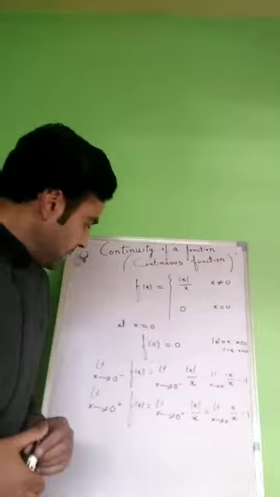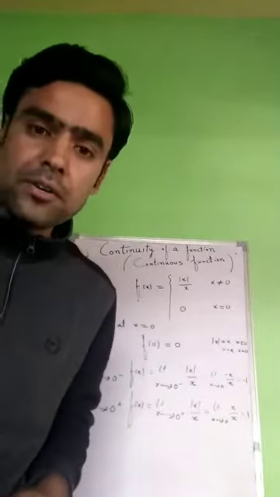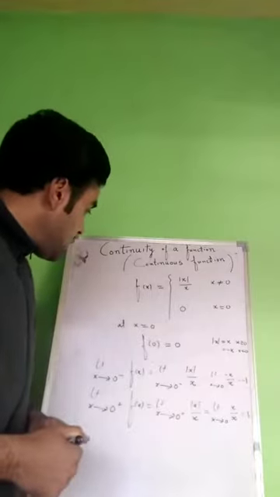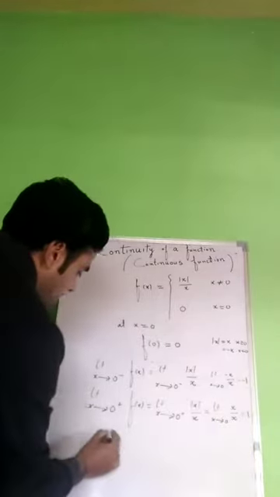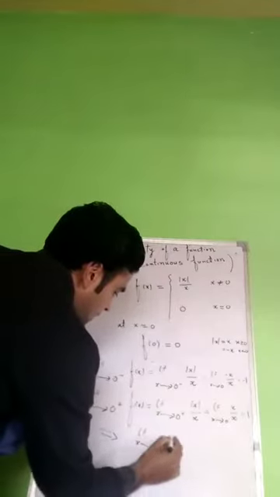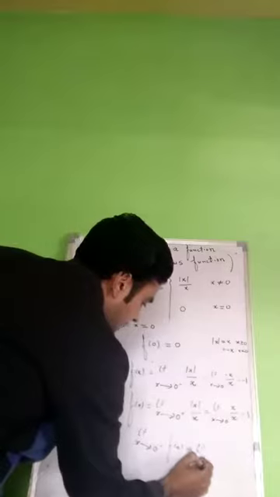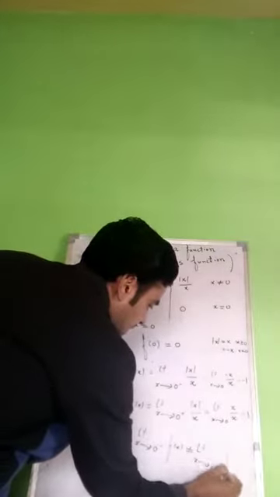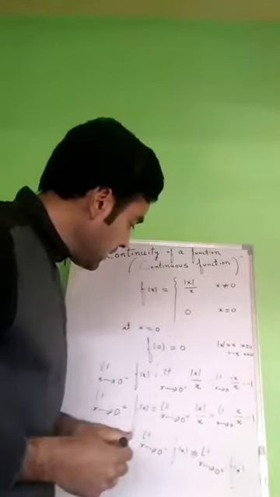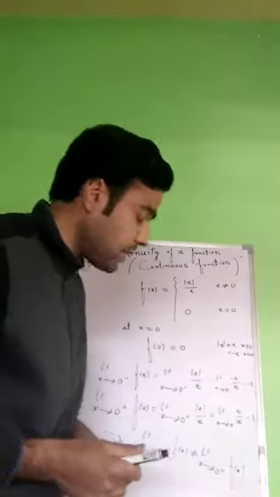Now this shows that our left hand limit and right hand limit are not equal. So that implies limit x tends to 0 minus f(x) is not equal to limit x tends to 0 plus f(x). Here, the left hand limit exists and is equal to minus 1.